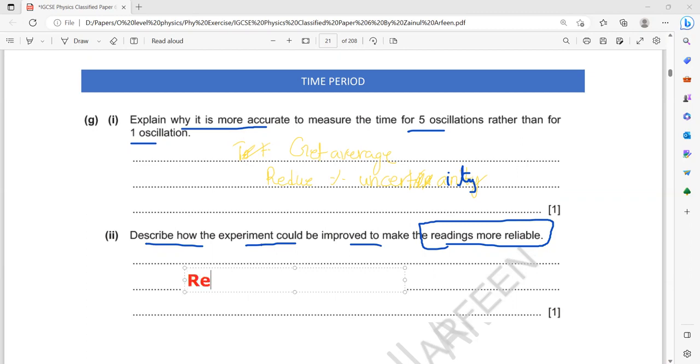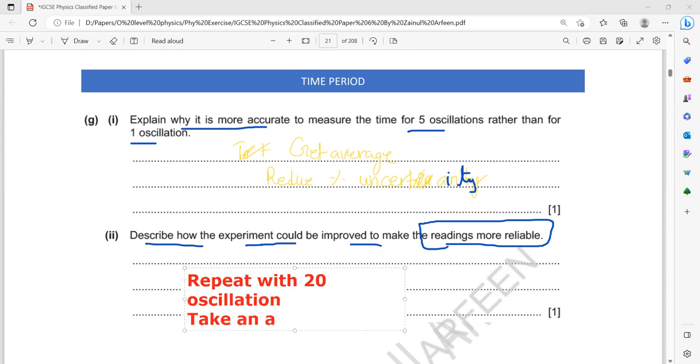Repeat the experiment with more oscillations, or with 20 oscillations, and we should take an average. Like repeating is not doing the experiment one time; it is doing the experiment many times and then taking an average result.